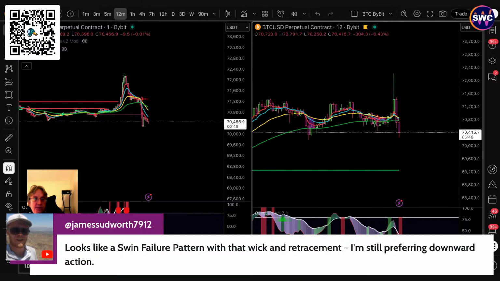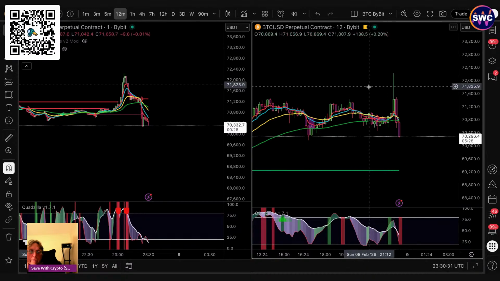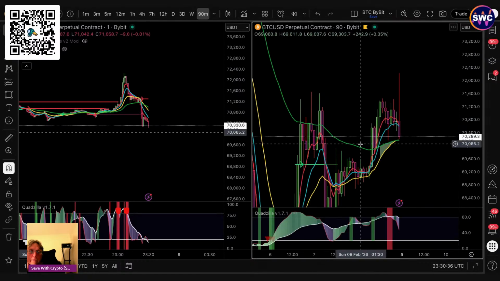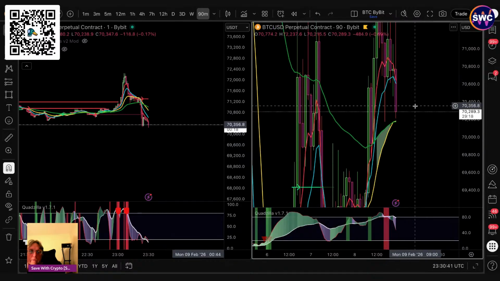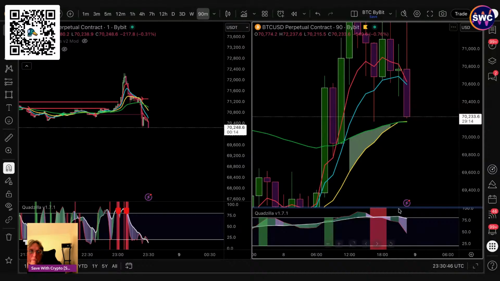Okay, it looks like a swing failure pattern with that wick and retracement. I'm still preferring downward action. Okay. Just feel like I missed it though. Actually, that's going to cross backwards the other way. Yeah, I think you're right, actually.